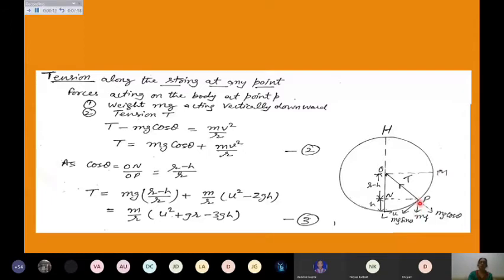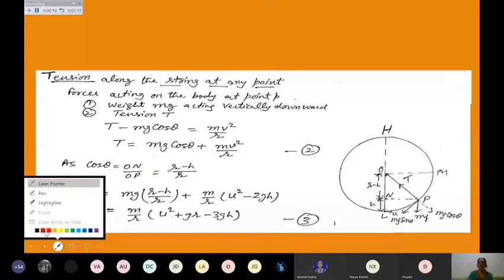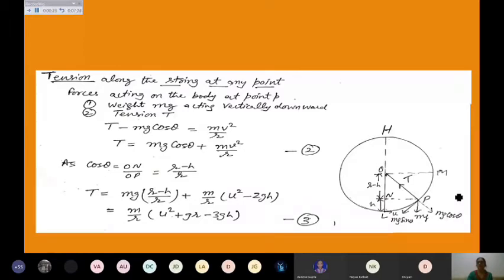You have to assume some angle, and if I am taking this angle as theta with the vertical, this is theta, then this angle will also be theta.